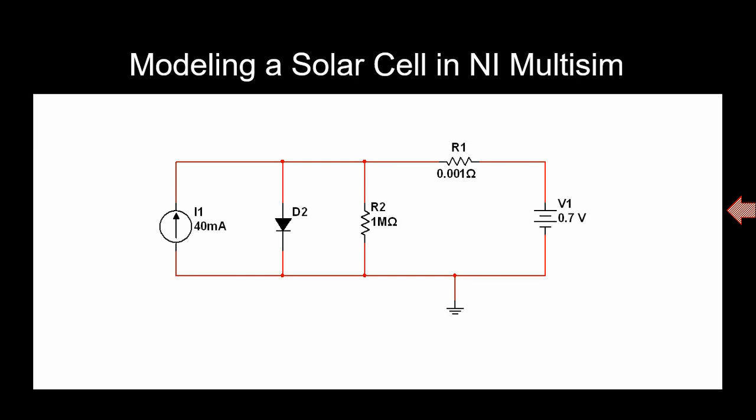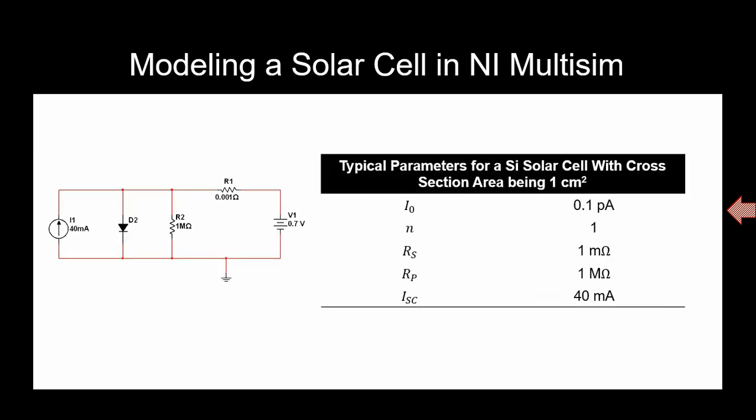Typical parameters for a silicon solar cell which has a cross section area of, say, 1 centimeter square are like this. The saturation current of the diode. What is the saturation current? That I have discussed in an earlier video. You can check that. The saturation current is approximately 0.1 picoampere.